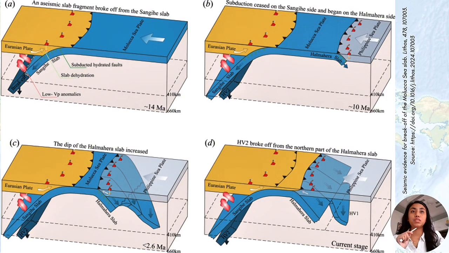This region represents a rare example of a fully developed arc-arc collision system with slabs retreating in opposite directions. So why is this important? This unique setup offers clues to how oceanic plates are destroyed. It also helps geologists understand complex mantle dynamics, volcanism, and earthquake behavior in convergent margins.